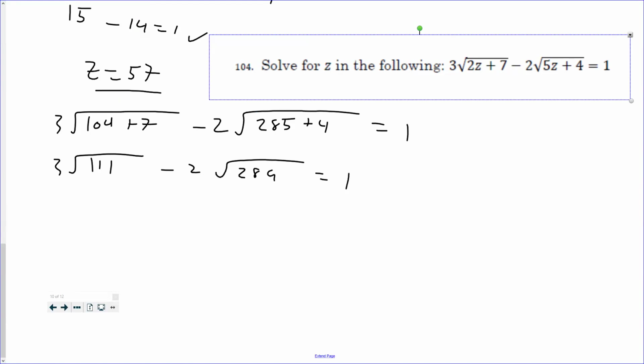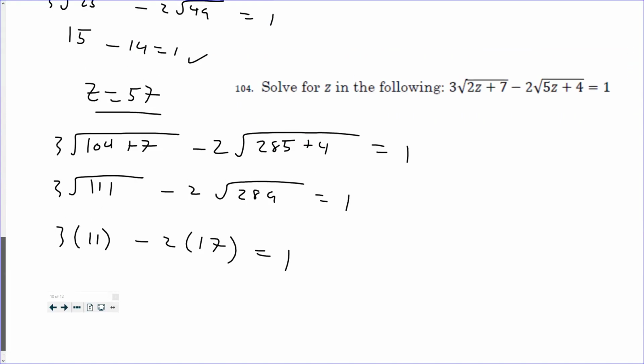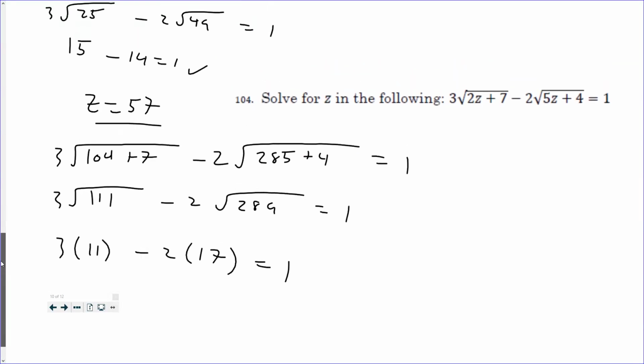I don't think 289 has a square root, right? Oh, 17. And this is 11. Right? It's 114, did I?